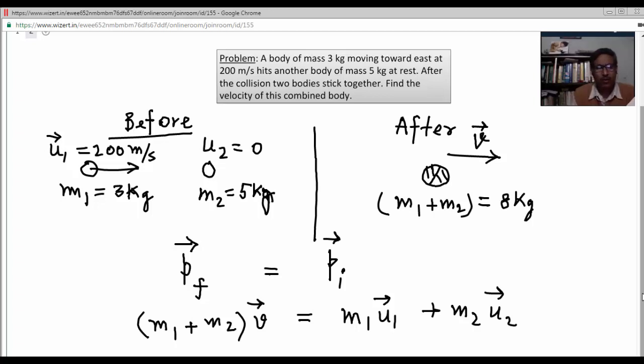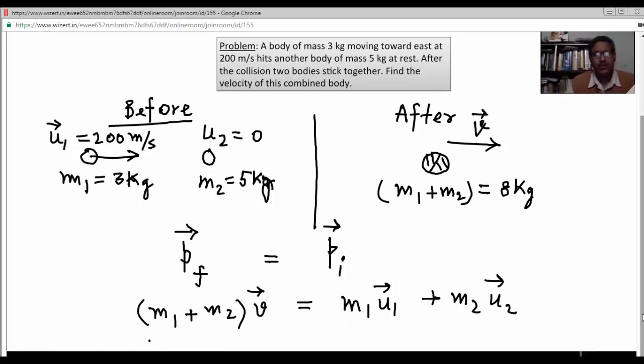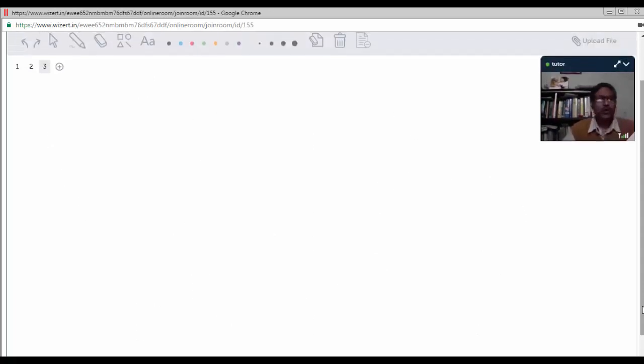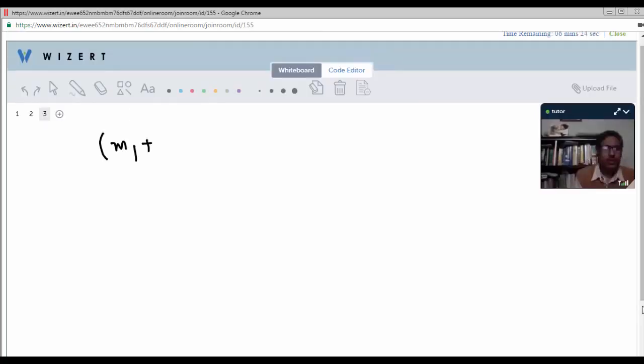So we are at the end of the page, so let us go to the next page. But remember what we have got here. In the next page, I'm writing what we got there: m1 plus m2 times v is the same as m1 u1 plus m2 u2.